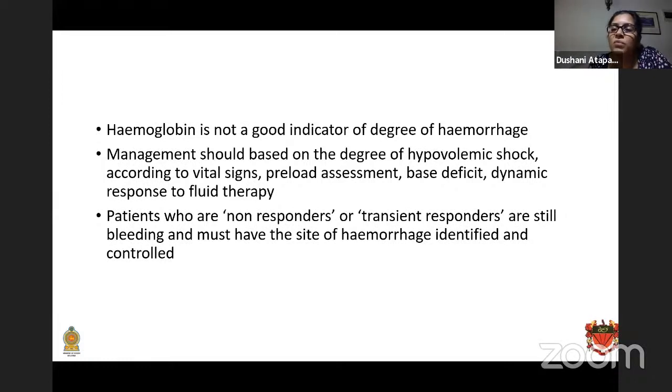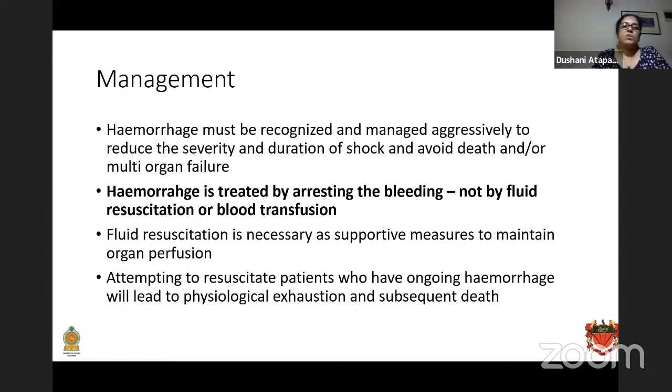There's no point in carrying on resuscitating with fluid and blood without controlling and stopping the bleeding. When it comes to the real management, hemorrhage must be recognized and managed aggressively to reduce the severity and duration of shock and to avoid death due to multi-organ failure.